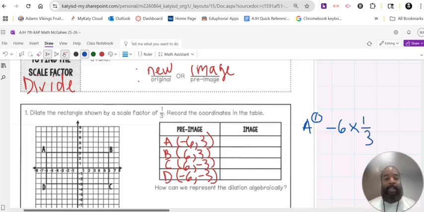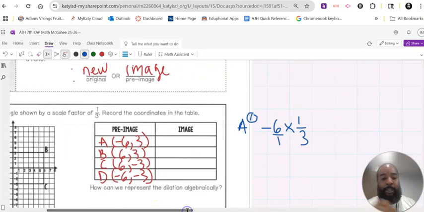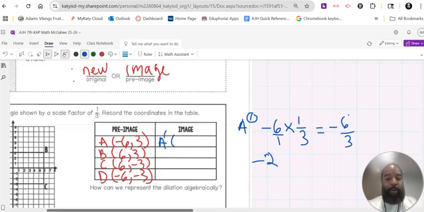That is the same thing as negative 6 over 1 times 1 over 3. That becomes negative 6 over 3, which reduces to negative 2.